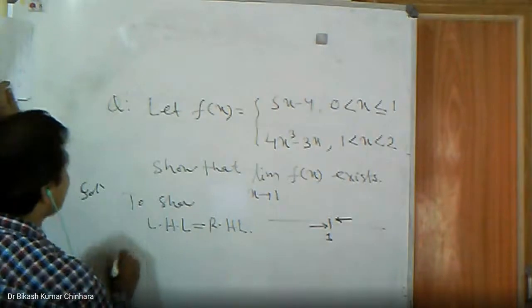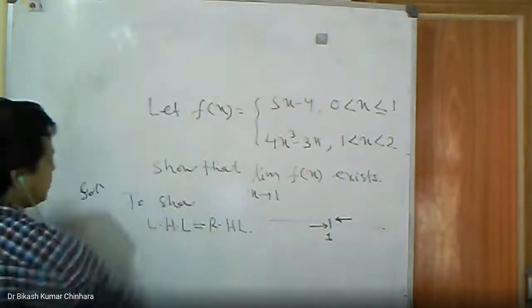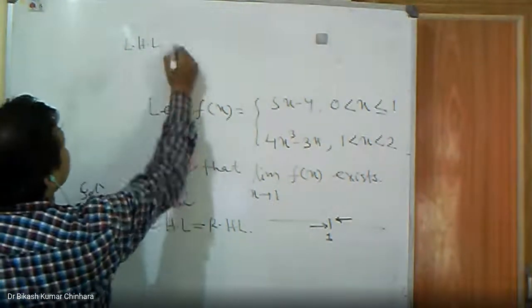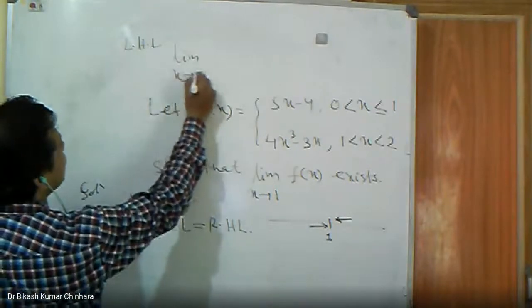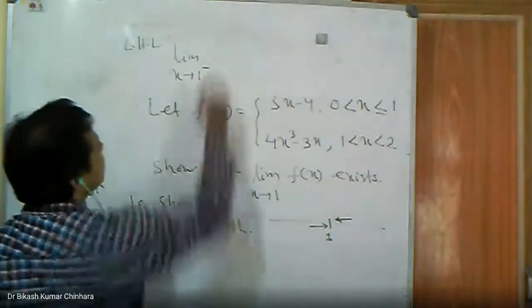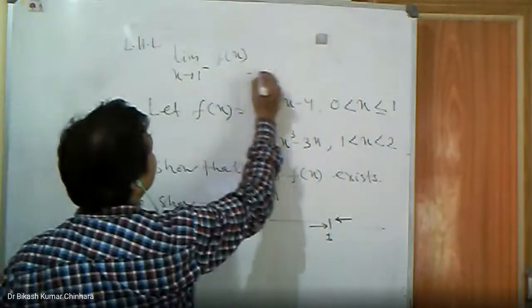So now I'm going here. LHL. You should write like this. Your x is approaching 1, and for LHL the sign is minus here. Put a sign minus here. So you write f of x. According to the definition, what can I write?